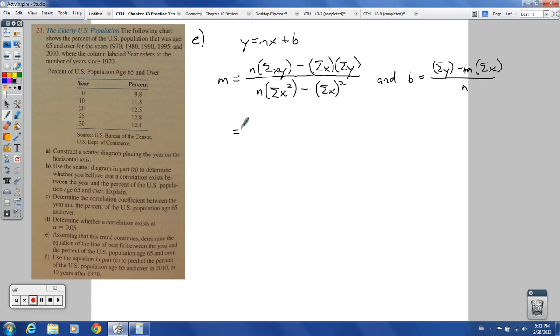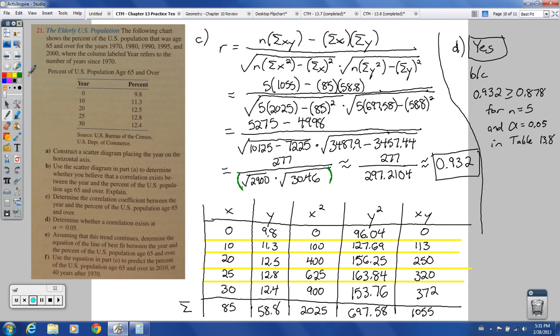Let's get this answer. Let's figure out what this is. So part E, we've already done these calculations. I don't want to do them again. I don't think you want to do them again either. So the sum of the values there, I've got this part here. I'm just trying to color code, make it easier to see that part. Simplified in the end to 277.